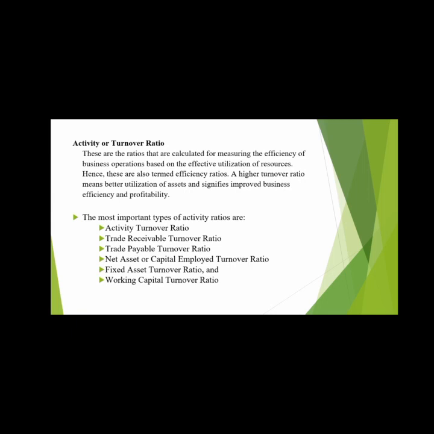The most important types of activity ratios are inventory turnover ratio, trade receivable turnover ratio, trade payable turnover ratio, net asset or capital employed turnover ratio, fixed asset turnover ratio, and working capital turnover ratio.